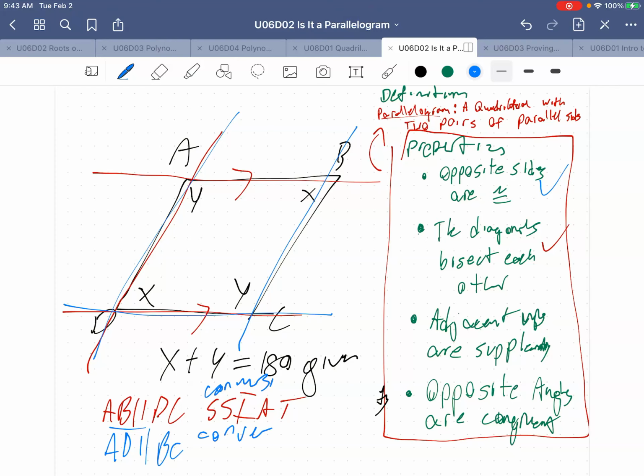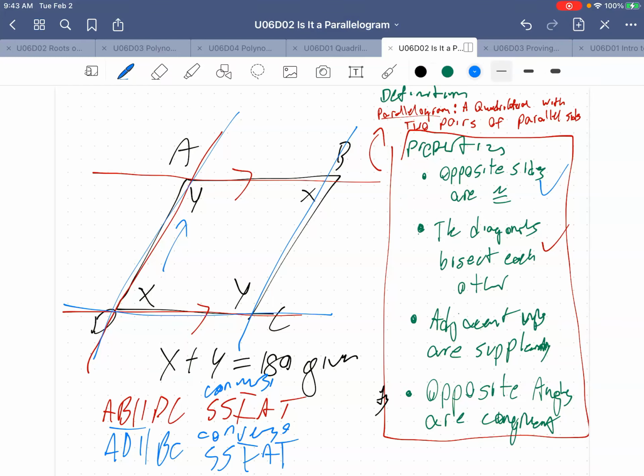So these are parallel by the converse same side interior angle theorem. So knowing that the consecutive angles were supplementary gives us the information we need to use same side interior angles, which proves parallel.